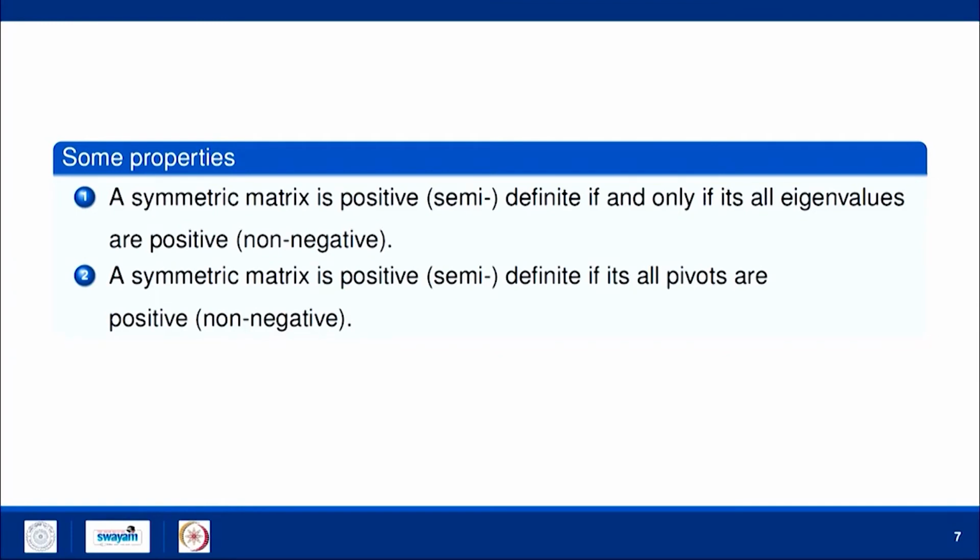Another check is that a symmetric matrix is positive or positive semi-definite if all its pivots are positive or non-negative. What is the meaning of this pivot?